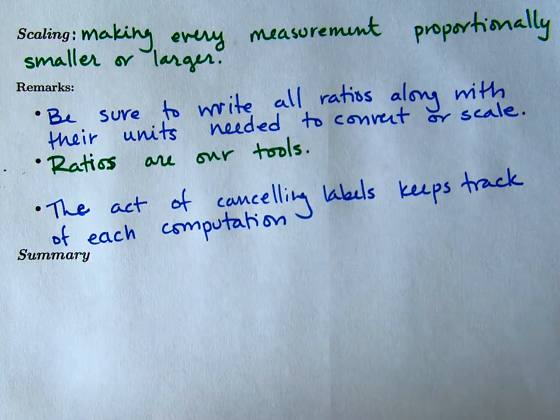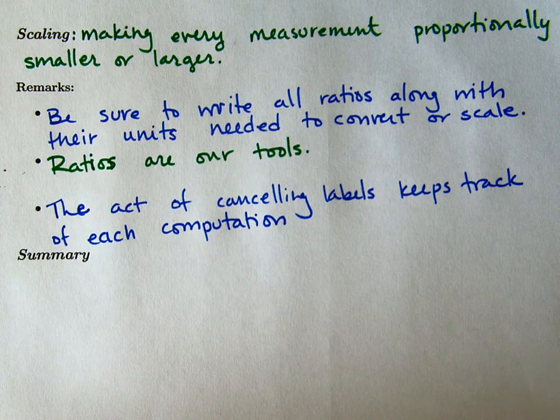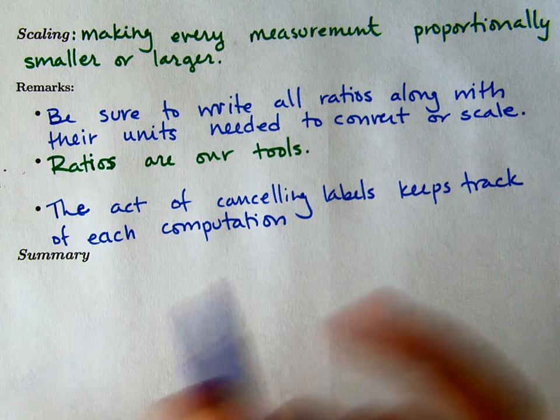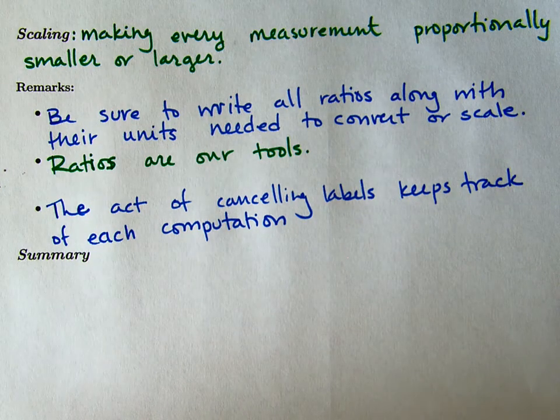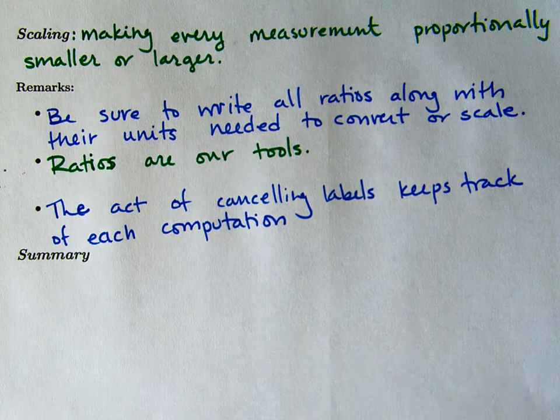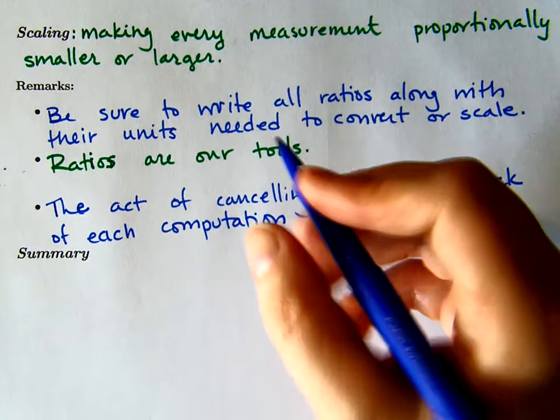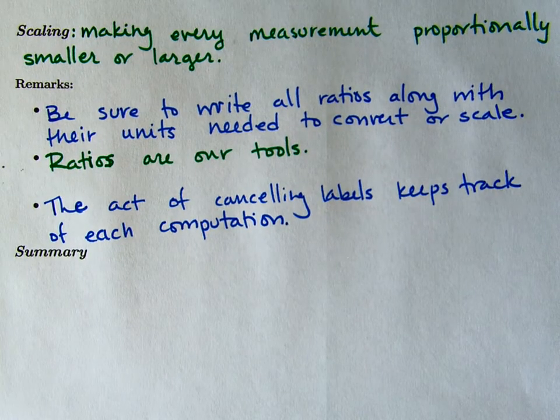So the act of canceling labels keeps track of each cancellation. I have a lot of students who are like, oh, I just forgot to do that one last one. So it helps us keep track of those. But in addition to that, I also think it helps us keep track of whether we're supposed to be multiplying or dividing, which is the number one question I get from students during this section.